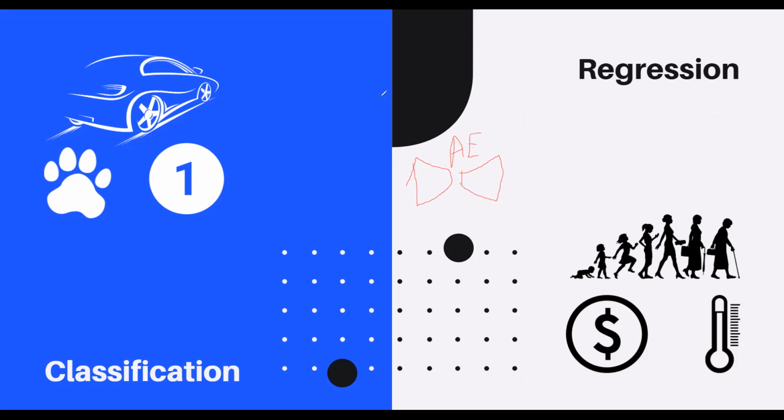Autoencoders, very well. So autoencoders are again a type of unsupervised learning. Can you tell me what they actually do?